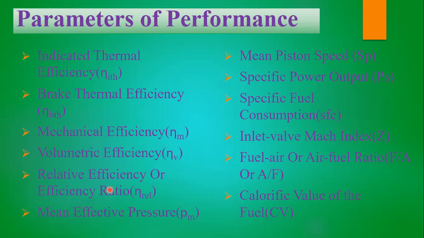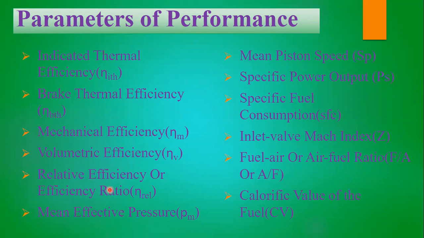Coming to indicated power, first of all, there will be thermal energy. Whenever there is combustion of fuel, some thermal energy is going to be released. Within the combustion space, indicated power is nothing but the conversion of chemical energy into thermal energy.